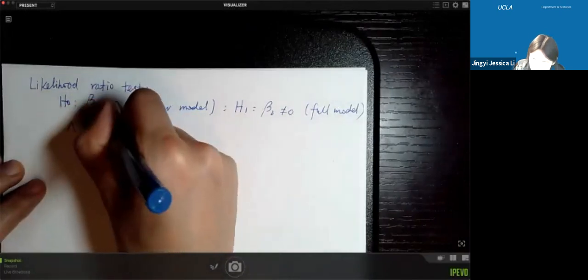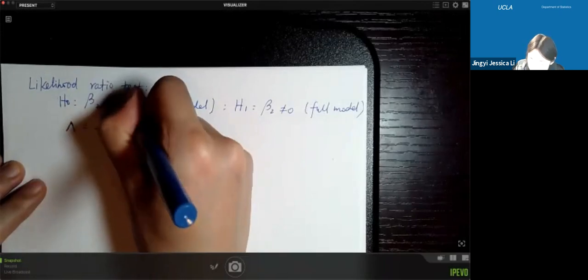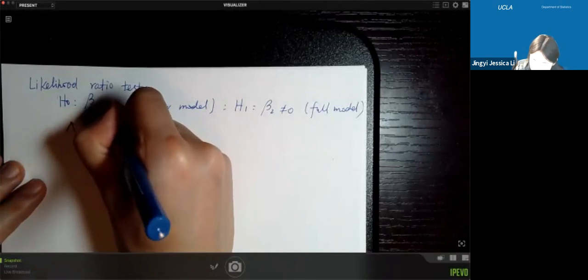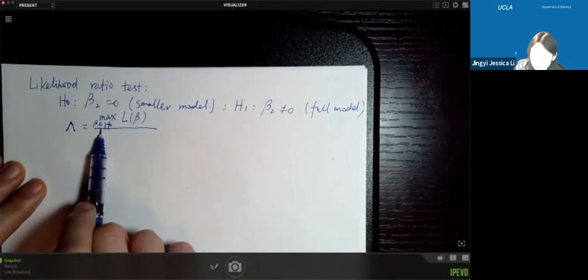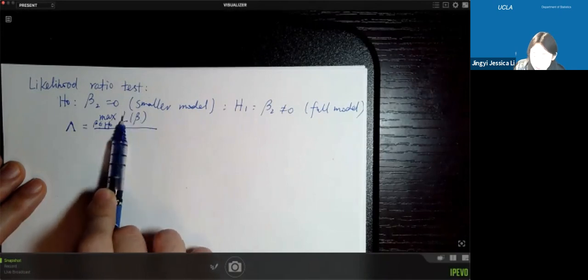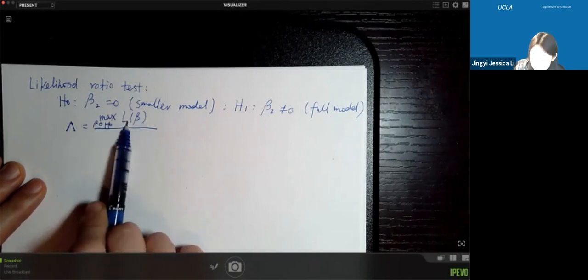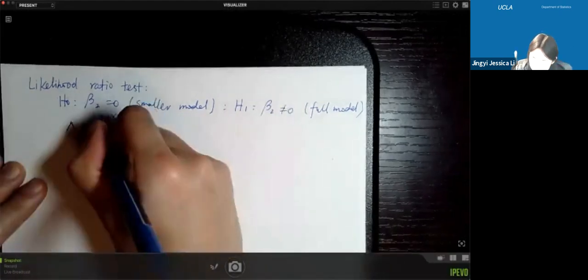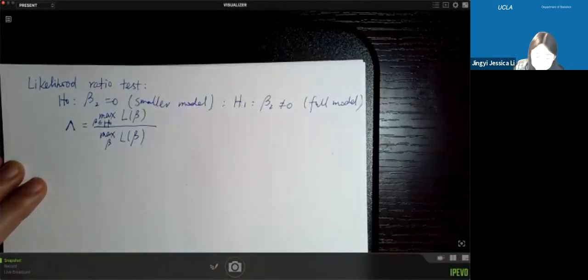This is defined as the maximum likelihood of beta when the null hypothesis is valid. Under the null hypothesis, we find the maximizer of the likelihood and we return the maximum likelihood. So this is a constrained optimization: we're doing maximization with this constraint. While the denominator is for the full model, so we don't have the constraint, we still take the maximum likelihood.